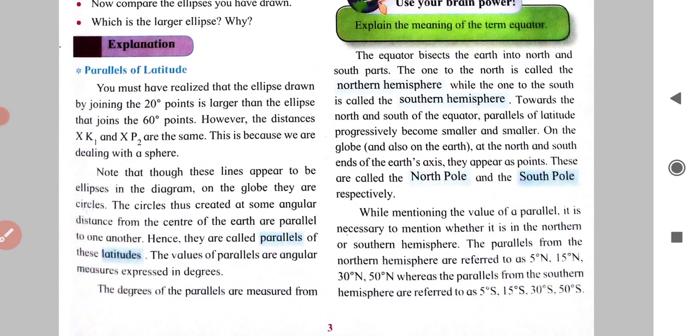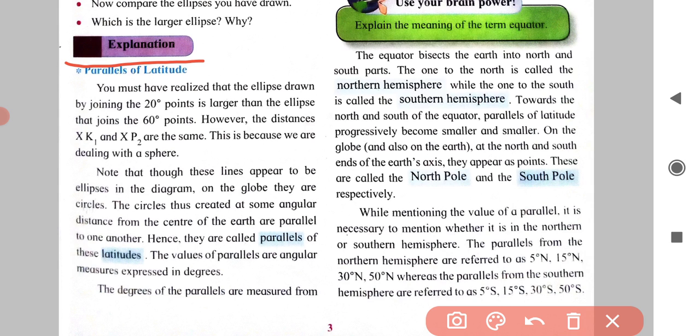Parallels of latitude. Here we are going to understand parallels of latitude. You must have realized that the ellipse drawn by joining the 20-degree points is larger than the ellipse that joins the 60-degree points. Yes, that we have done.